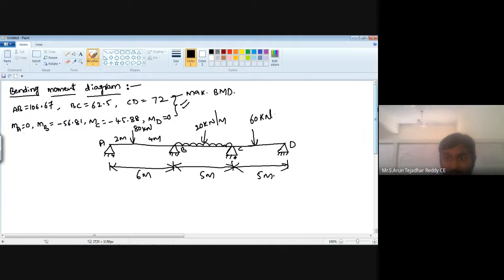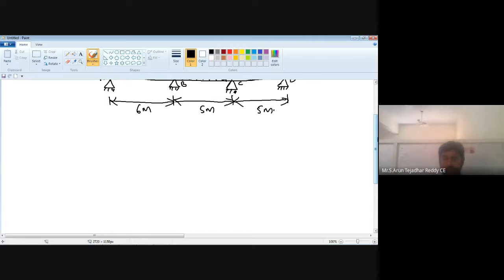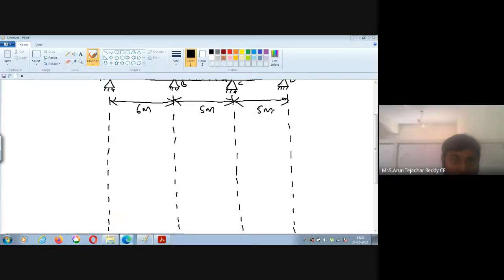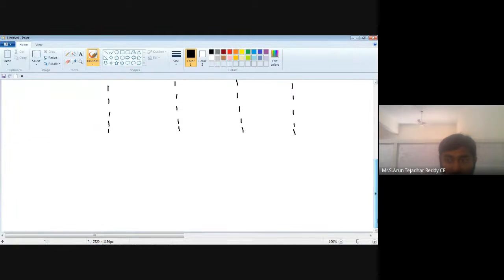Now, first of all, try to draw the maximum bending moment diagram. See, the bending moment diagram is very easy.